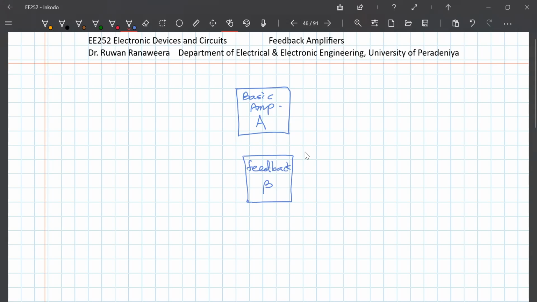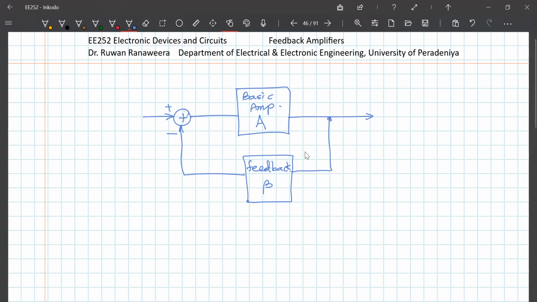And the comparator we simply mark like this. There are two inputs to that comparator. One is positive, the other is negative. The addition of these two will go to the basic amplifier, and that is my output, and I sample the output and feed it into the feedback. So this is how you draw it.